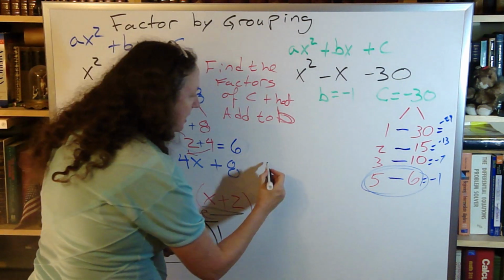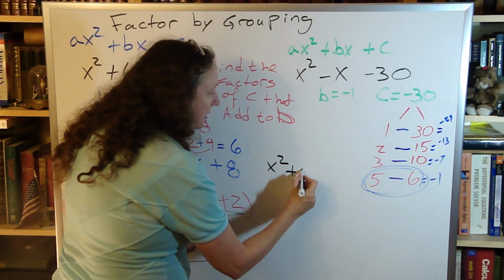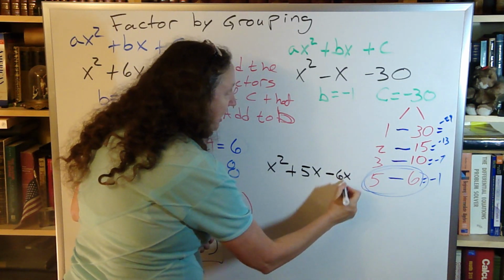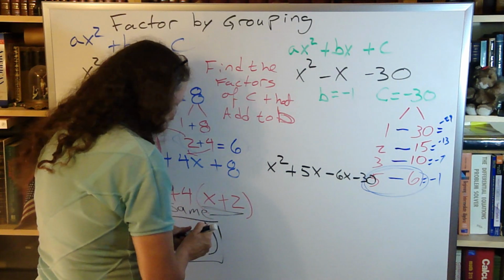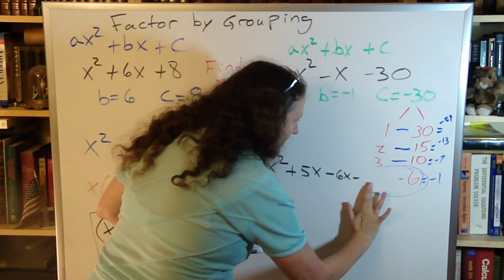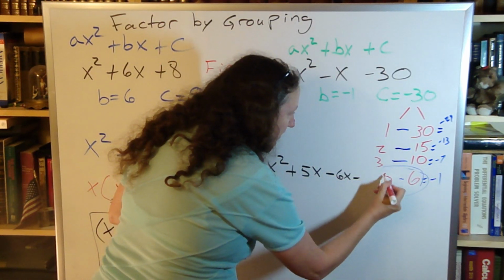I have x squared plus 5x minus 6x minus 30. Let me write this so it's clearer.